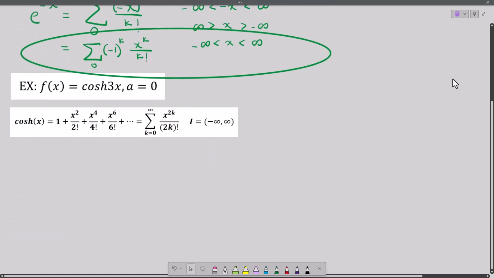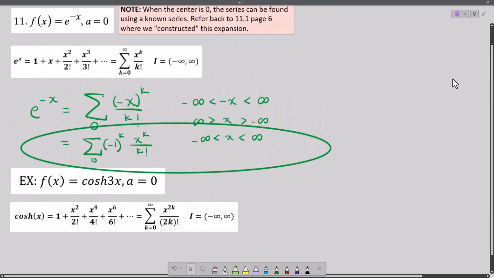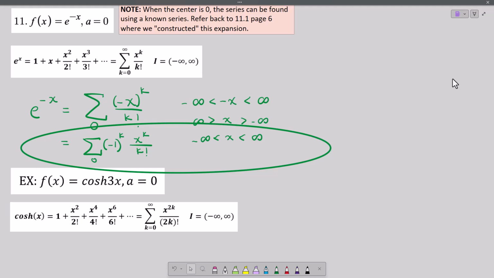Sorry, yeah, question? So with the interval that says minus infinity to infinity, am I understanding that correctly, that it means that for any value of x it's going to converge? Yes, that is exactly what it means. So if we plug in x equals -5, this will generate a numeric series that converges.